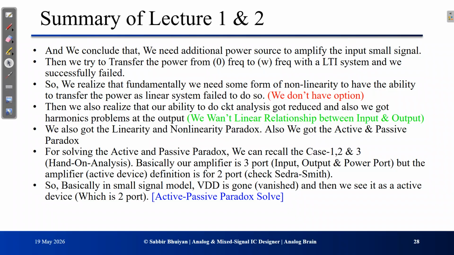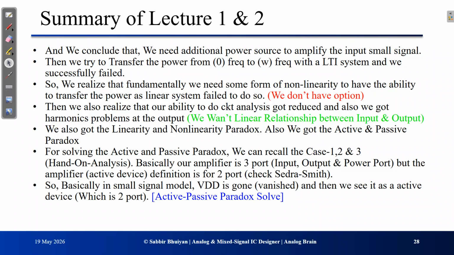So VDD is gone, right? Your power is gone, and you see that there is no VDD. The VDD is gone, vanished. So you see that the device itself generates power. Amazing. This is an active device, but you have to remember there is a VDD. There was an additional power source.